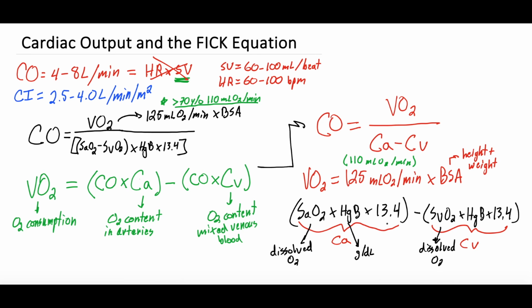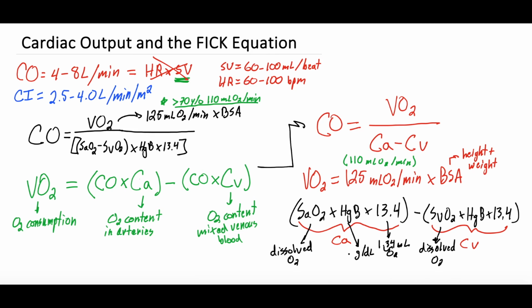And this constant here, this 13.4, is actually because there's 1.34 grams, or each gram of hemoglobin has 1.34 milliliters of oxygen. So this 13.4 is just moving this decimal over 1 to make milliliters deciliters. And then that is how much oxygen is on each gram of hemoglobin, which is why you multiply the grams of hemoglobin times the amount of oxygen on each hemoglobin to get then the amount of oxygen attached to hemoglobin.